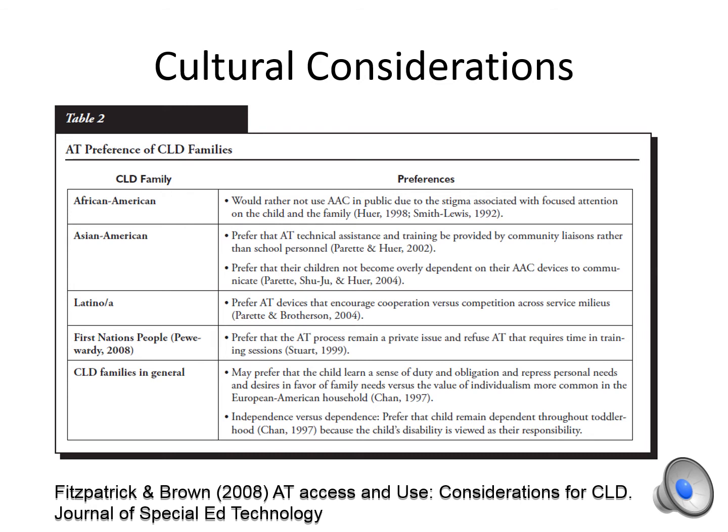It comes from their article on assistive technology access and use in CLD populations, or culturally and linguistically diverse populations. And they give some examples of the kinds of things that we would need to consider with people from some different cultural backgrounds.